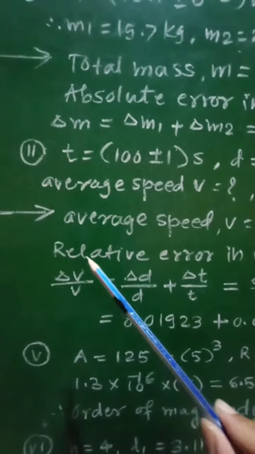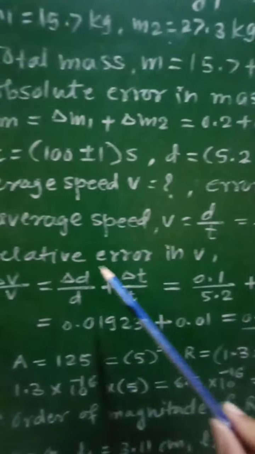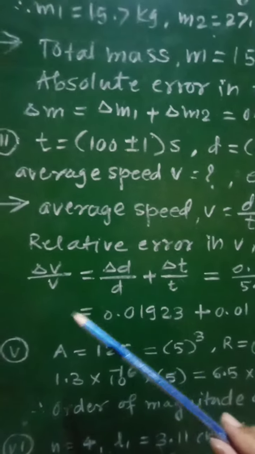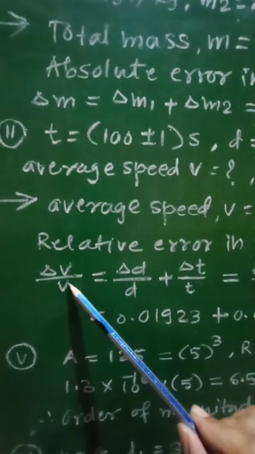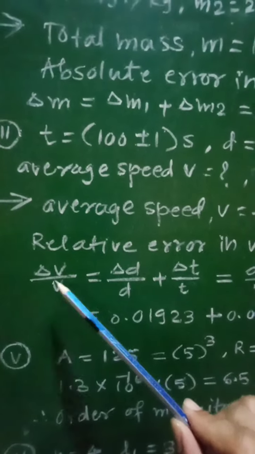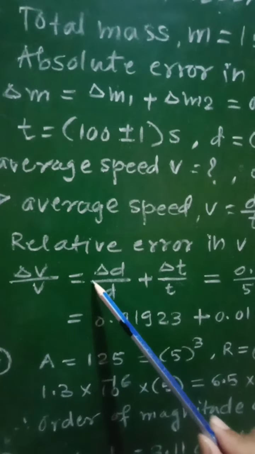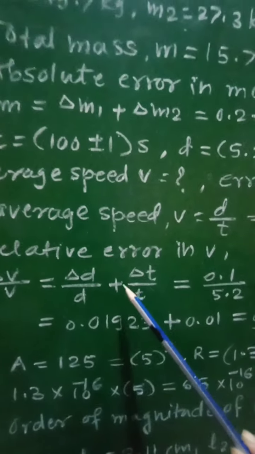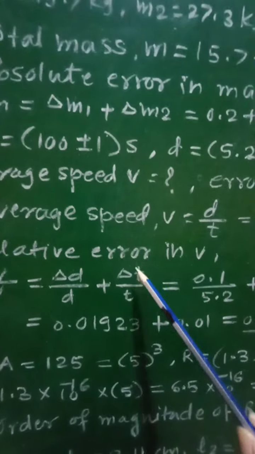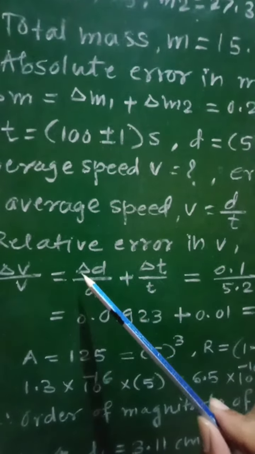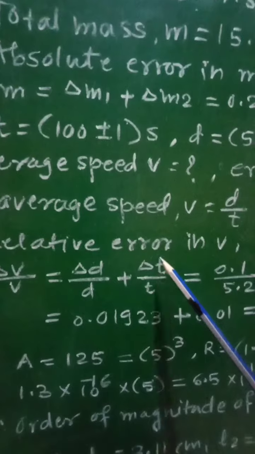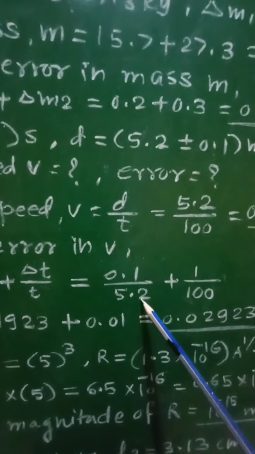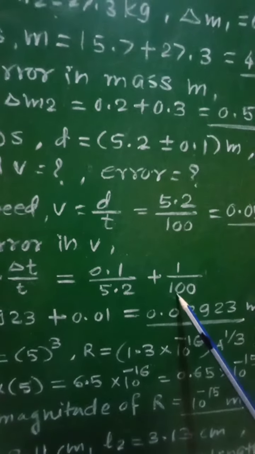Now let us find the relative error in phi. The relative error in this average speed phi will be given as delta phi upon phi, that is, the relative error in the measurement of phi, which will be equal to the sum of the relative error in the measurement of distance and the relative error in the measurement of time, that is delta d upon d plus delta t upon t, which will be equal to 0.1 upon 5.2 plus 1 upon 100.